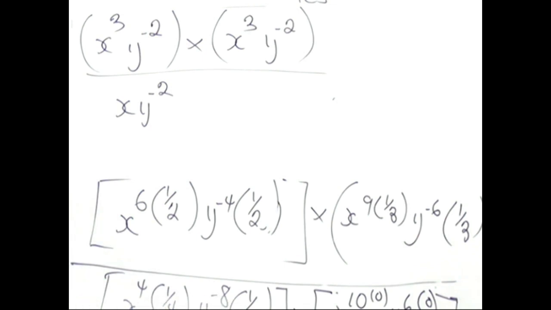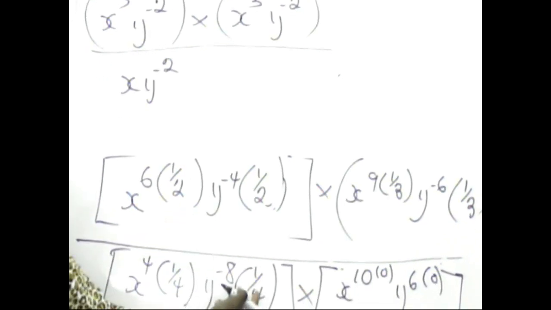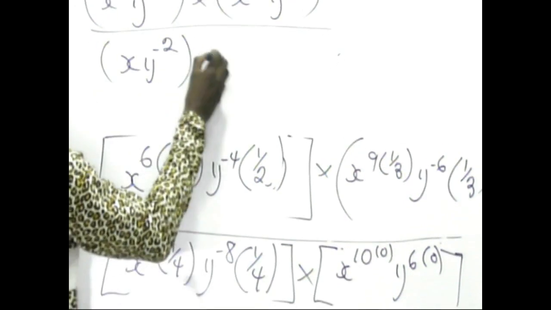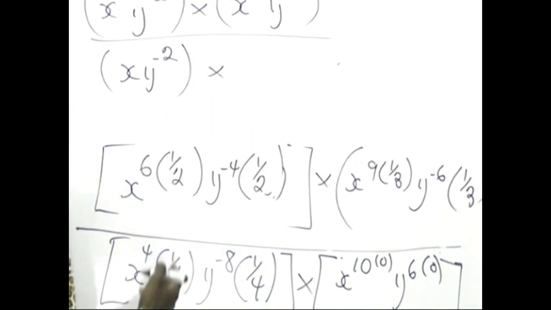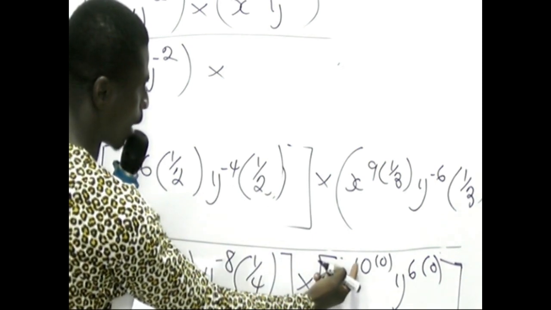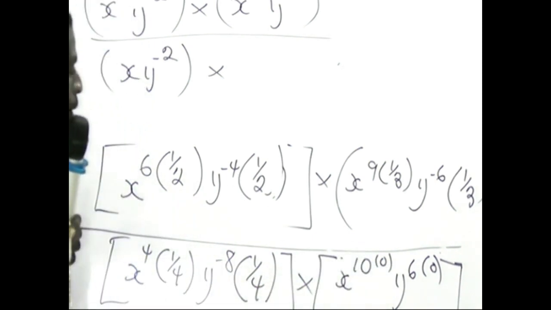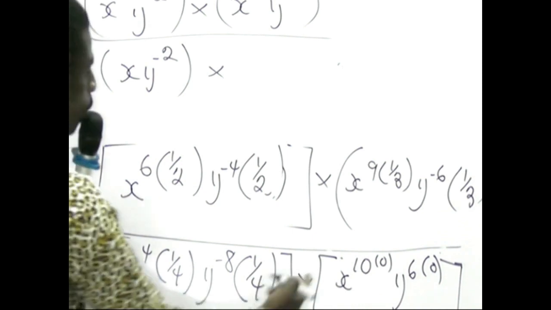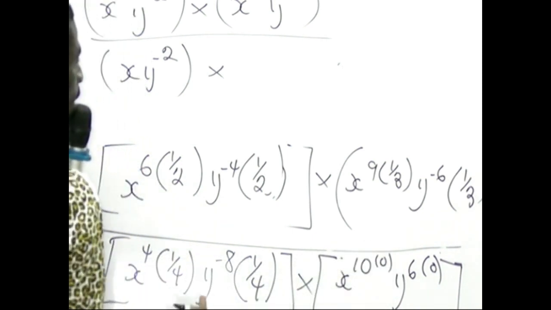Now, from here, I have my times, and then any number raised to the power 0 is 1.